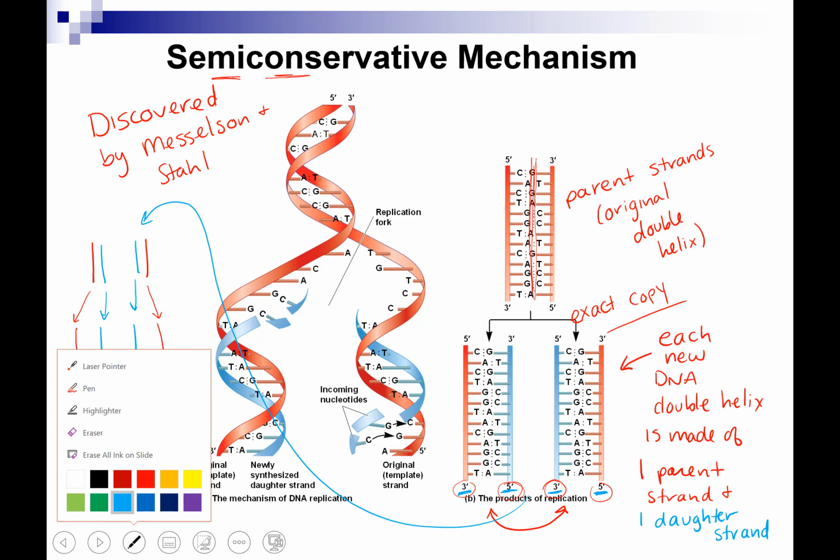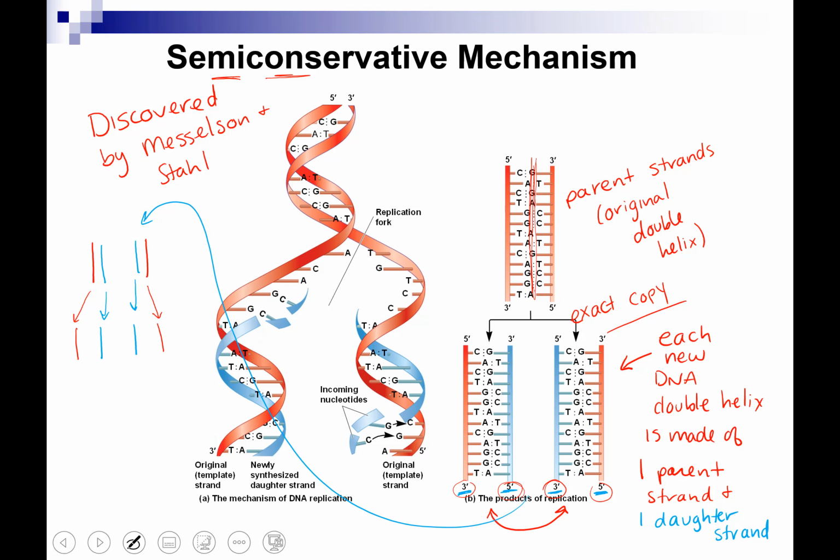And then let's use purple to make the new daughter strands. Right? So these new double helixes would still be semi-conservative. They have one parent strand and one new daughter strand, and one parent strand and a daughter strand. So you continue and do this every time the cell divides.